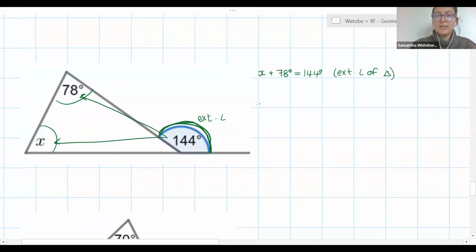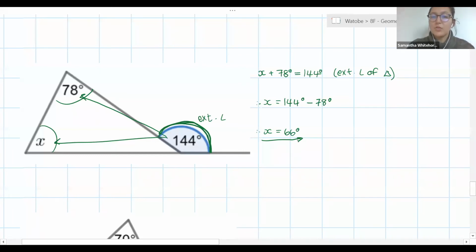And so now once again, I've got an equation I can solve, and we know how to do this. This is what I was saying earlier. In terms of inverse operations, if you're going to try and solve for x and move something over the equal sign, you have to change the sign. So that's why it becomes minus 78. So 144 minus 78 is 66. And so we get that x is equal to 66 degrees.